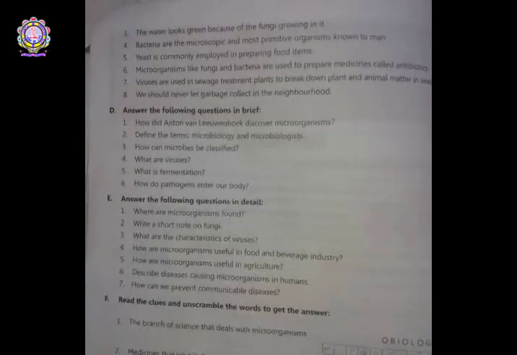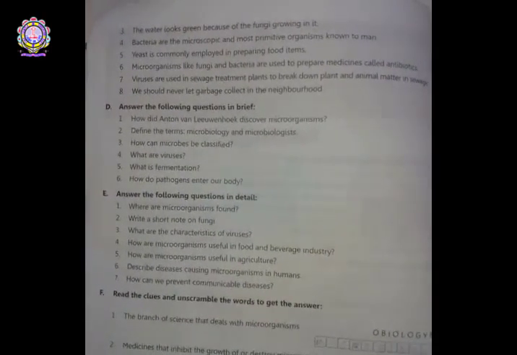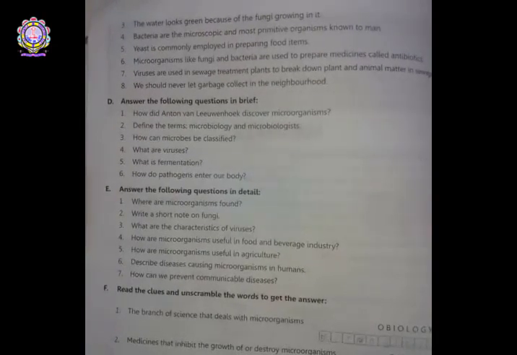The next question is: what are viruses? Viruses are the fourth type of microbe classification. It is a very dangerous type.